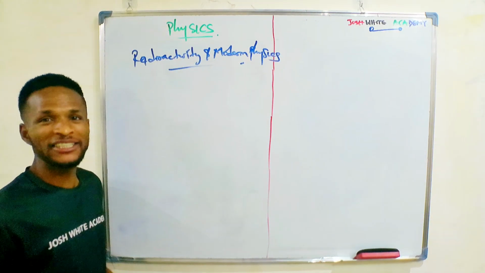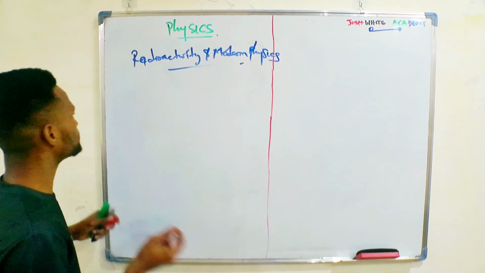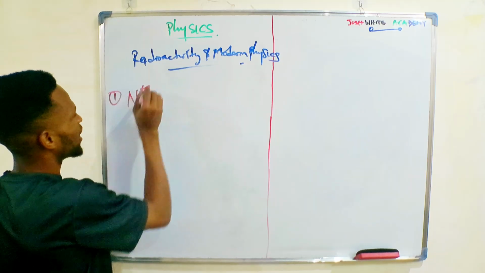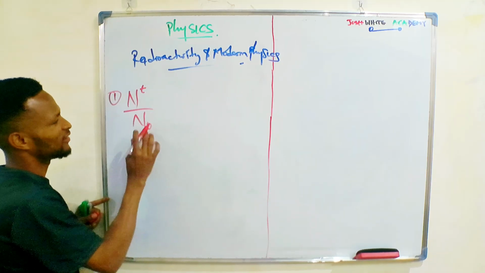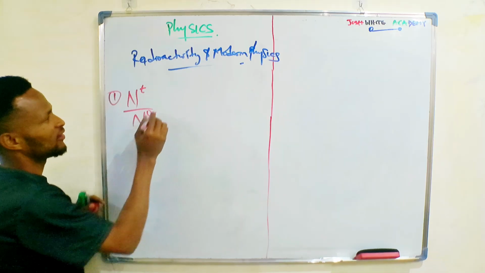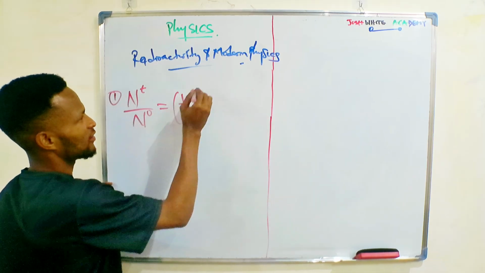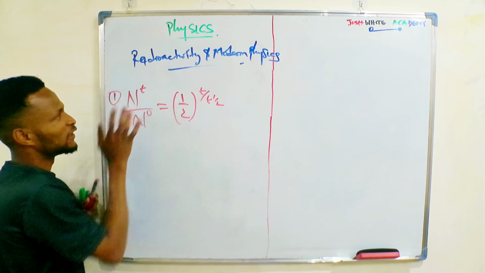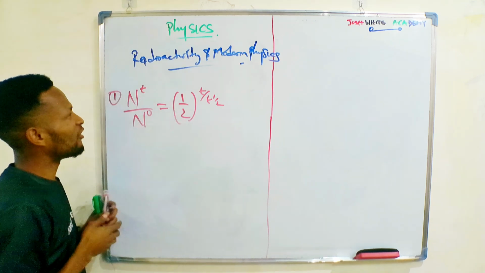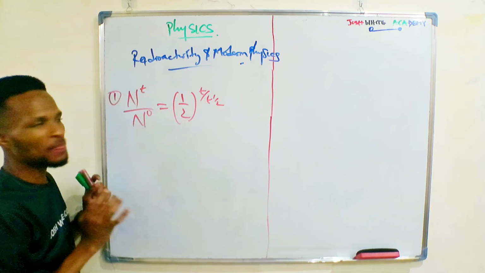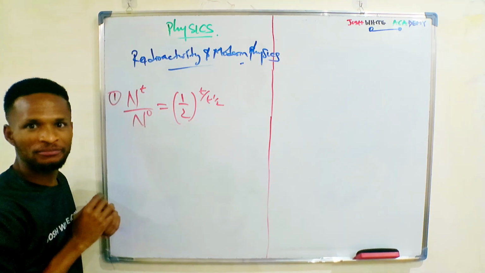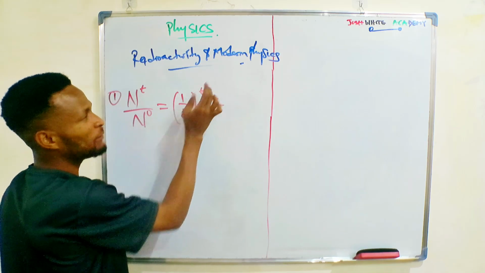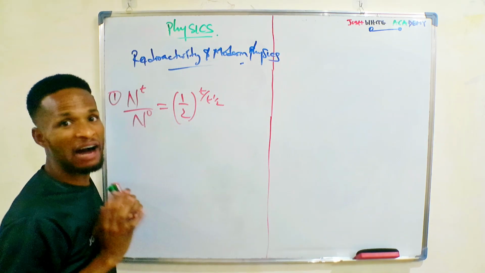Under radioactivity and modern physics, the number of material remaining all over the initial is equal to a half to the power of the time taken divided by the half-life.